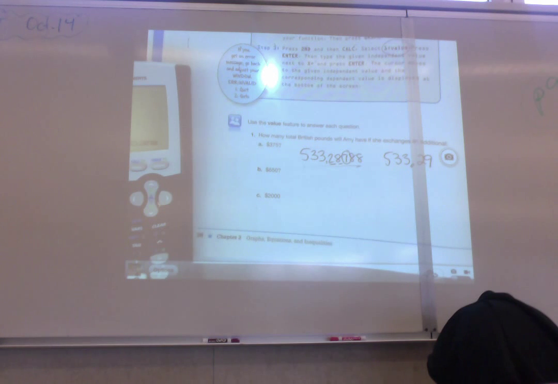It's hard at first, but they give you the steps pretty clear. You just got to follow the step-by-step steps. And you're going to have to retrace your way. Okay, go to calc, go to value, to the X free here, put in dollar amount. We get an answer.